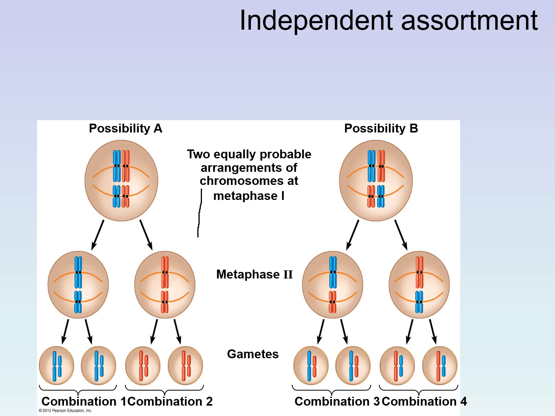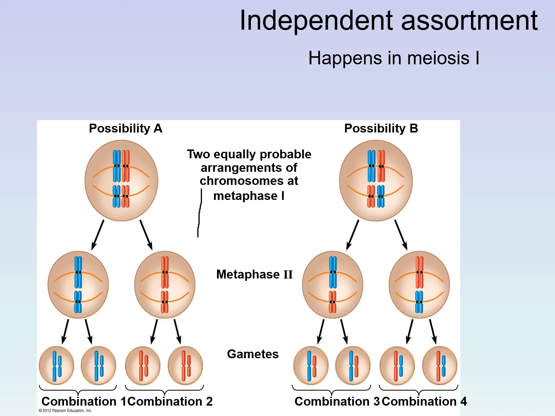Independent assortment is something that happens in meiosis 1. It is a source of genetic diversity that can create over 8 million variations in one human gamete. This figure here is based on 2 sets of 23 chromosomes. This picture here gives you a great visual of independent assortment.